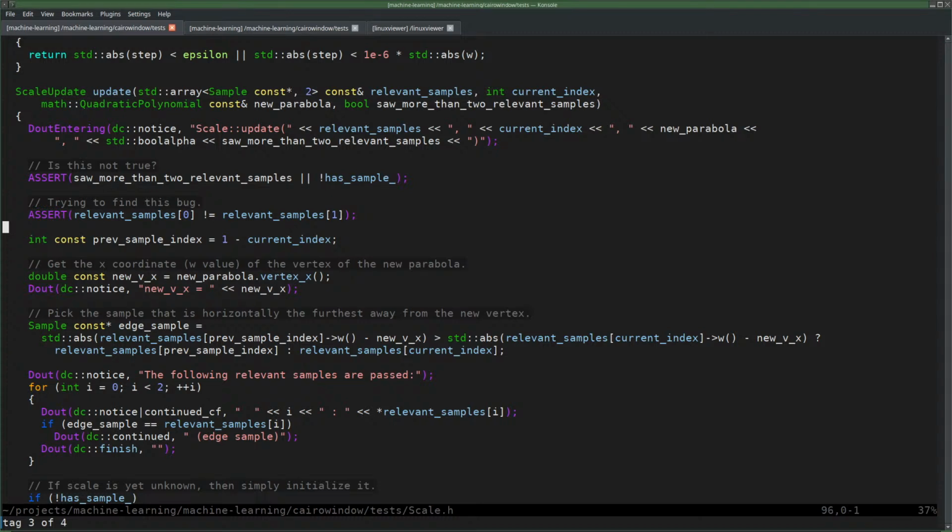I already found this bug. Either the comment is not correct or I can delete the assert.